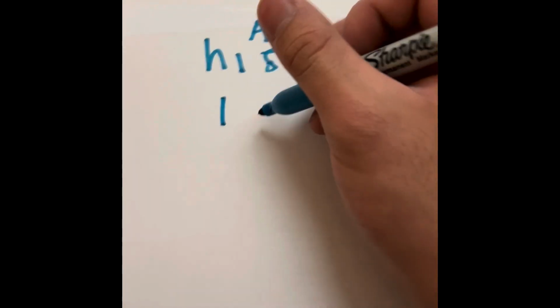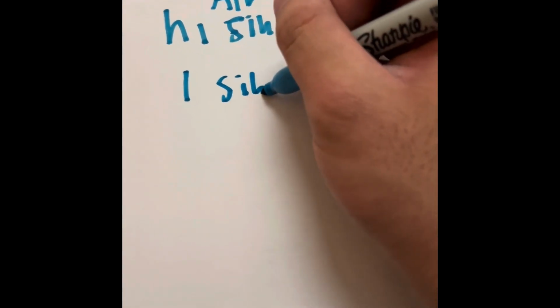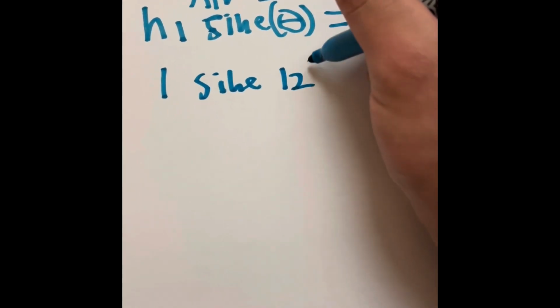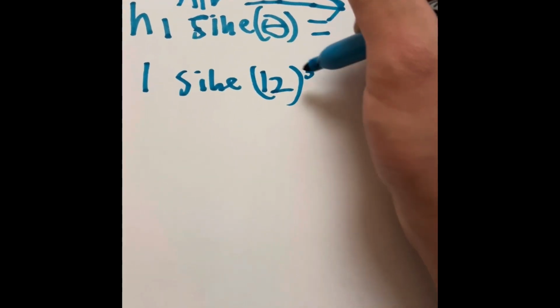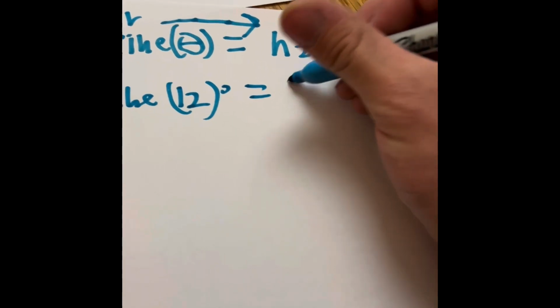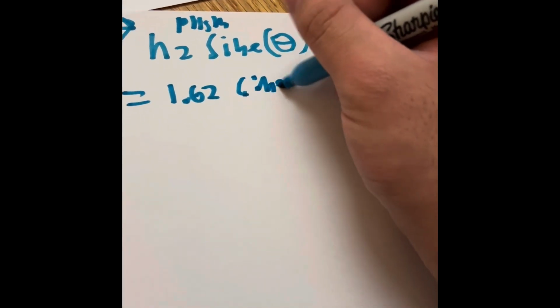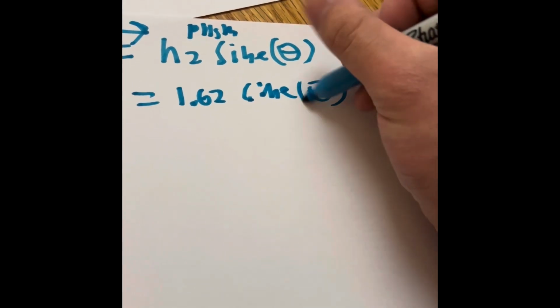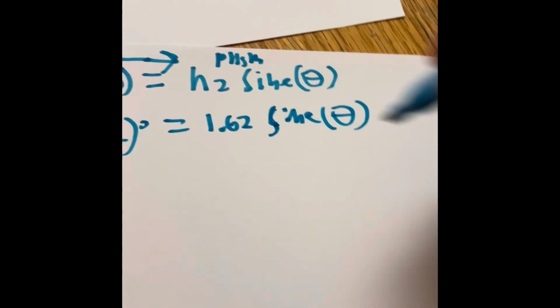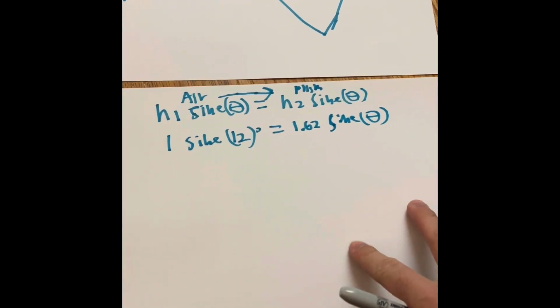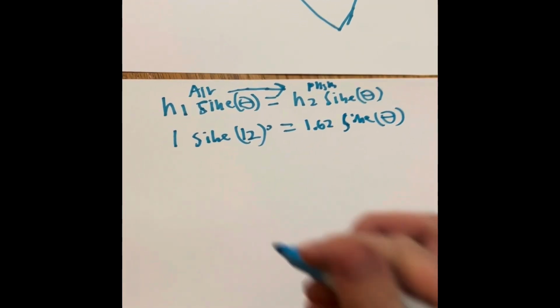So 1, multiplied by the sine of 12 degrees based on the normal, is going to be equal to 1.62 times the sine of the angle to the normal that we're trying to find. So now we have the problem written all out.